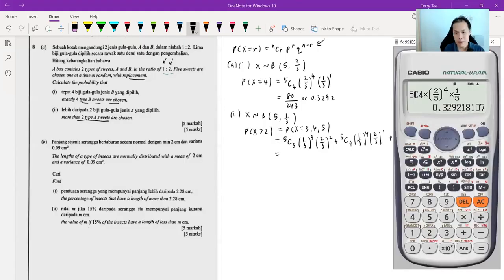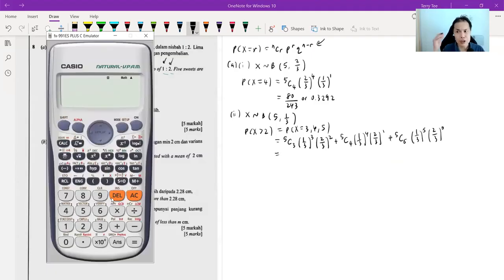I have 2 different ways to calculate. One is by using this calculator. We can use the summation formula. We press Shift Log, that gives us a sum. I type a general formula, 5C, and instead of a number I use X, alpha X here.